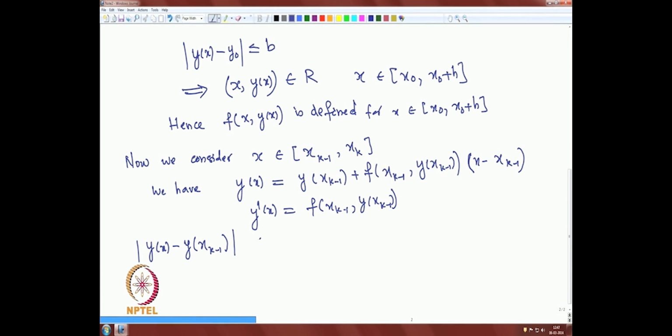If you make use of this equation, this is bounded by the bound of f, which is M, so this is M times |x - x_{k-1}|, which is of course less than, by definition of our partition, M times delta by M, which is delta. So that delta is a function of epsilon.